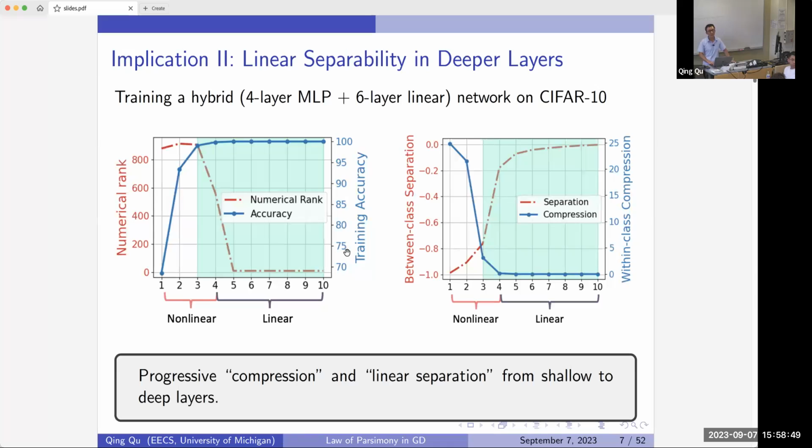If you make the network deeper, does it become lower rank, or does it just stretch and spread out? It also depends on your initialization, the initialization scale of your gradient descent. What we can see is that if your initialization scale is small, then your features will be more compressed. Of course, you can make your network deeper, but a deeper network is harder to train.